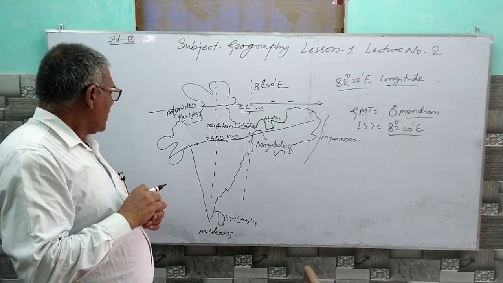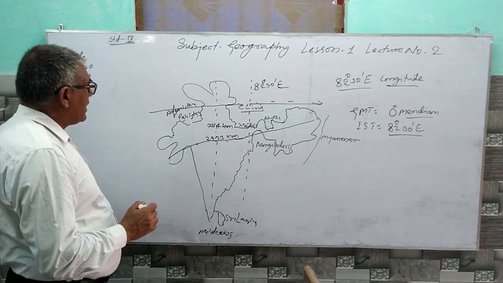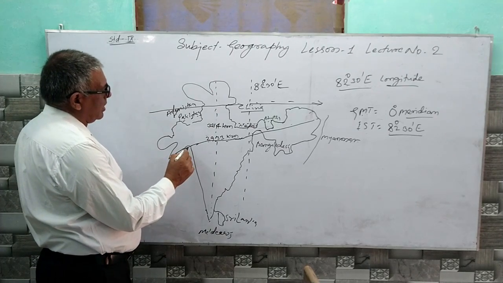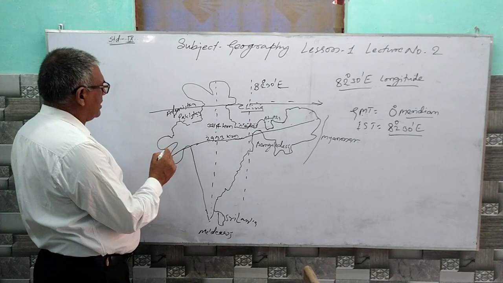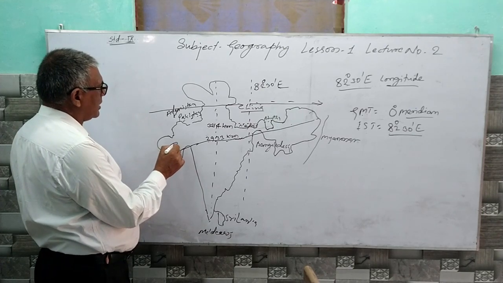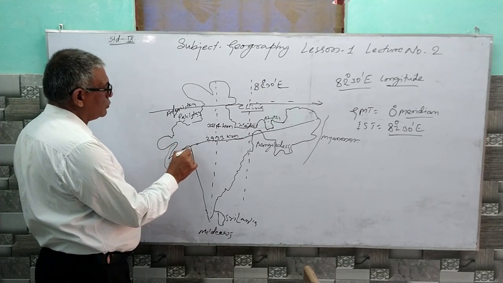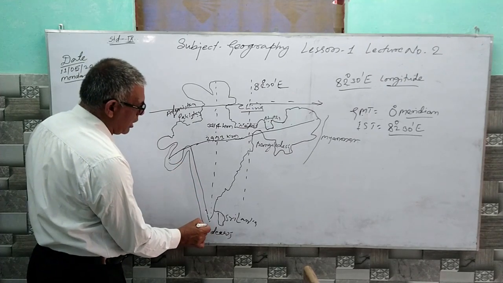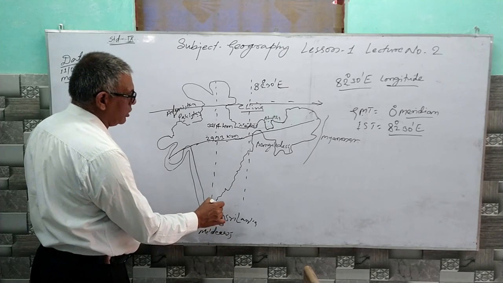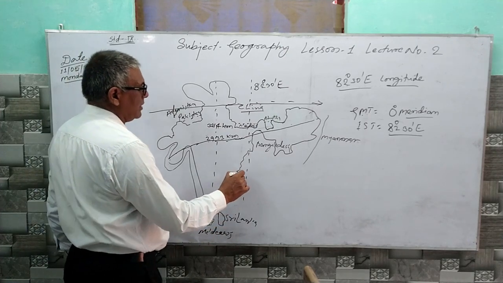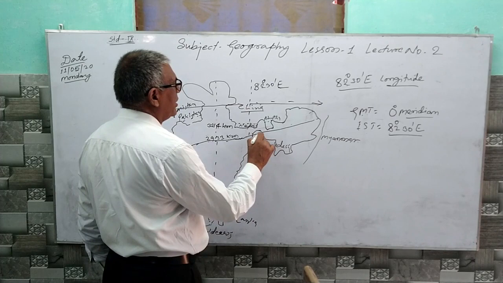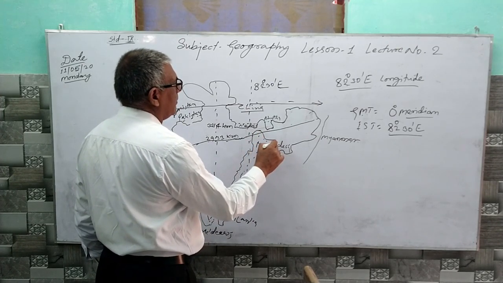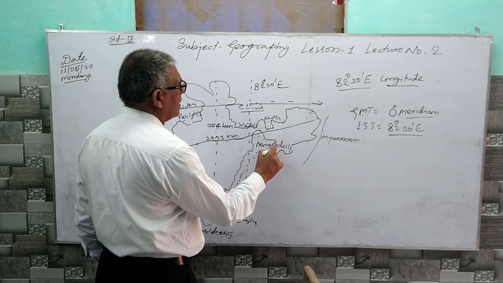Yes. Now you will see here India's coastline, that is from the Rann of Kutch to Kanyakumari in the south, and then also from Kanyakumari in the south to the Bay of Bengal, or you can say the delta of Ganga.